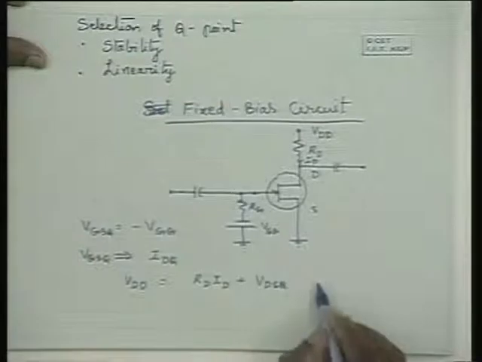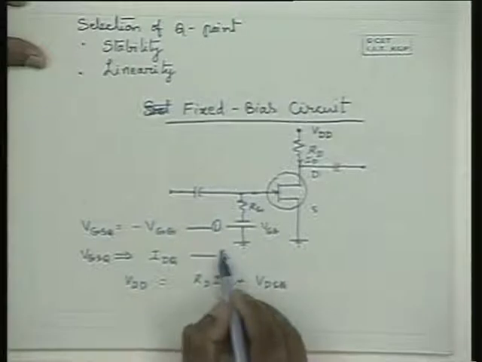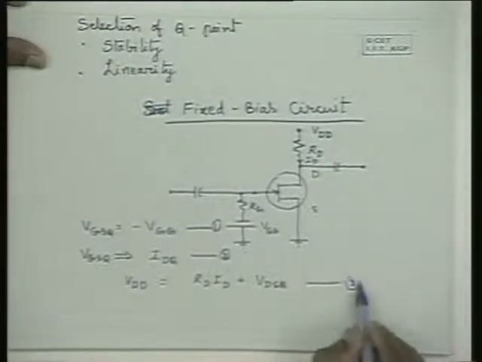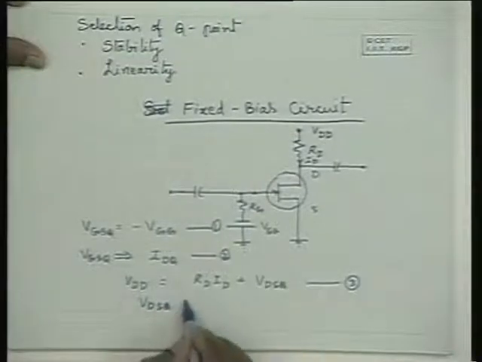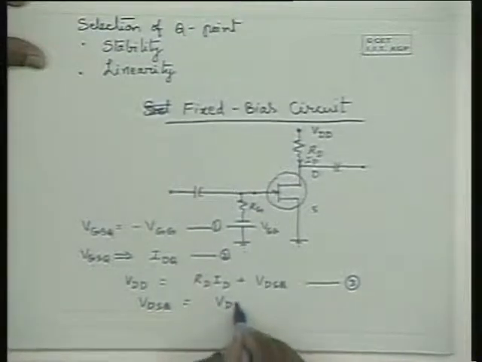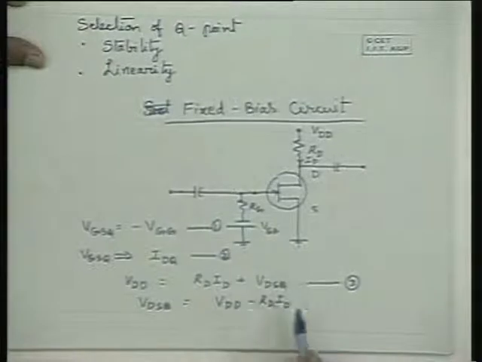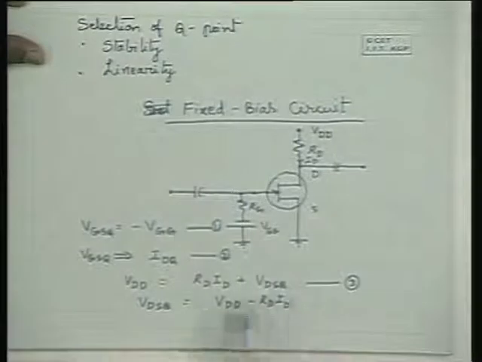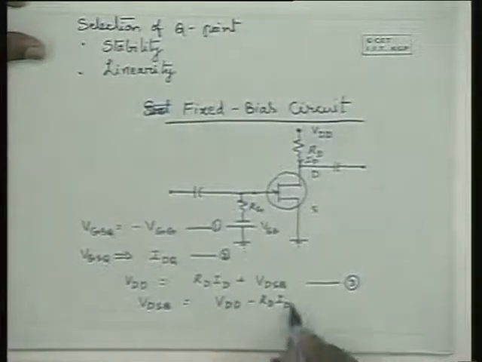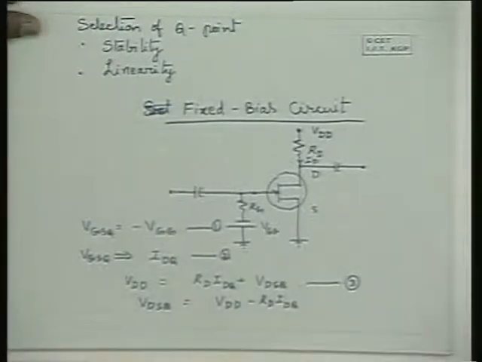So this is equation 1, this is the second step, this is the third step. From this equation we can determine VDSQ as VDD minus RD ID. Once the circuit is given, that means RD is known, and ID is computed from the second step, IDQ. Therefore, we can determine VDSQ.